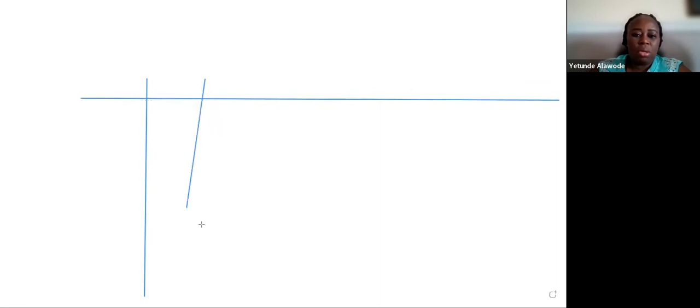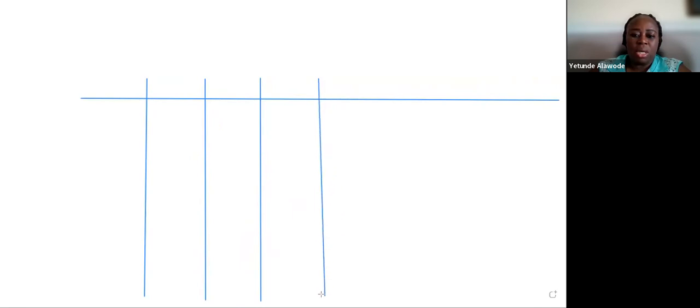So, and you will put it in sections like that. Some of you did it in your assignments. You are going to put it in sections like that.